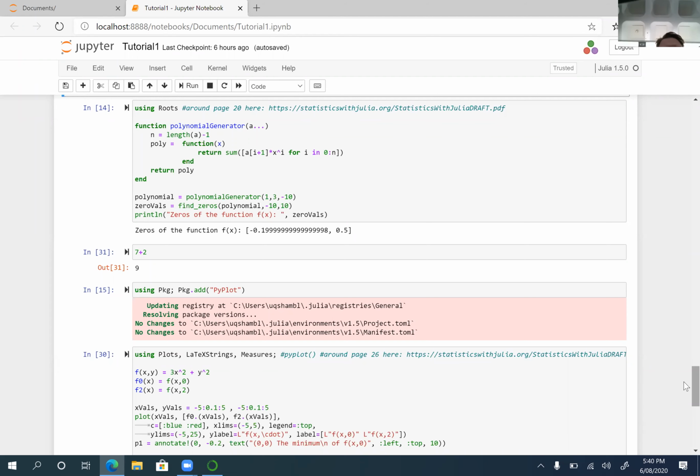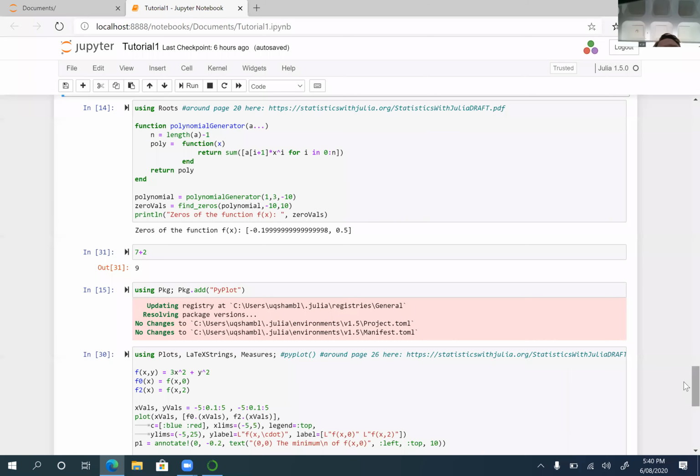All right, poly equals function of x, and we return the sum of a[i+1] times x to the i. So we're starting with 0 so that our first term has an x to the 0. So that's the constant term.